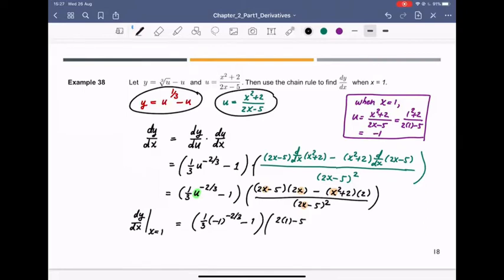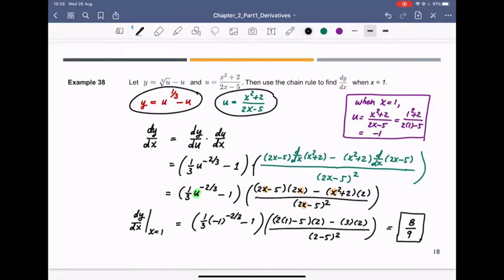It's going to take time to compute this thing, right? 2 minus 5 squared. I will let you calculate this by yourself, but the answer is going to be 8/9. I already did it, so I just gave you the answer, but the rest of the work is simple. You just need to calculate this thing. So you get 8/9. All right, so that is how you use the chain rule to find the derivatives.